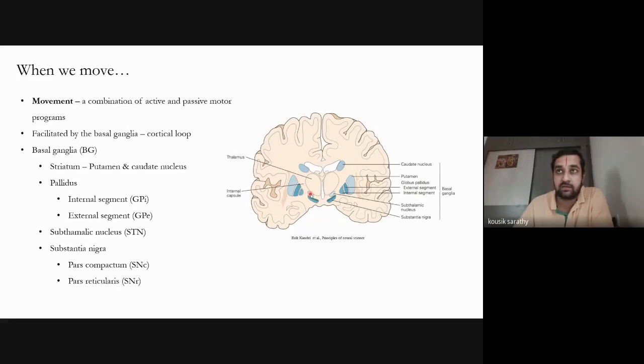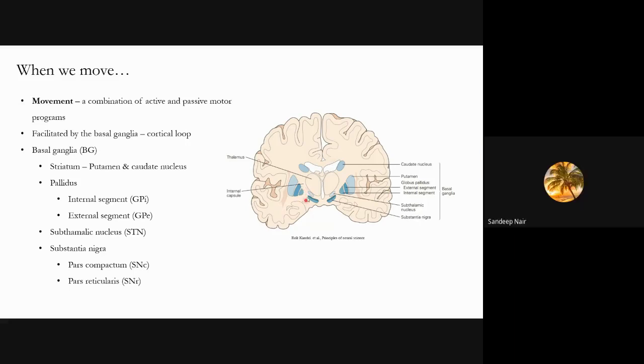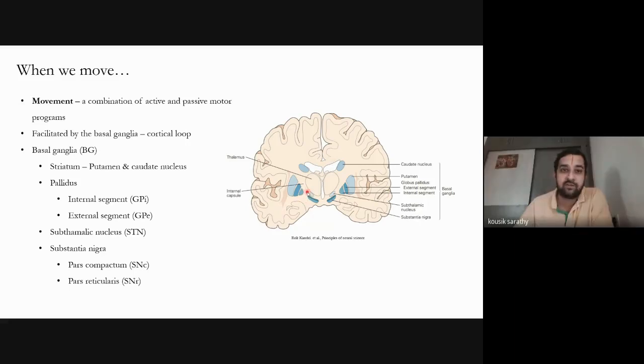This is the STN, and this is the internal capsule. If you stimulate slightly farther away toward it, you'll start creating tingling sensations and sensory problems for the patient. And if you stimulate too deep, that leads to autonomic effects, so you cannot control the bladder and things like that.